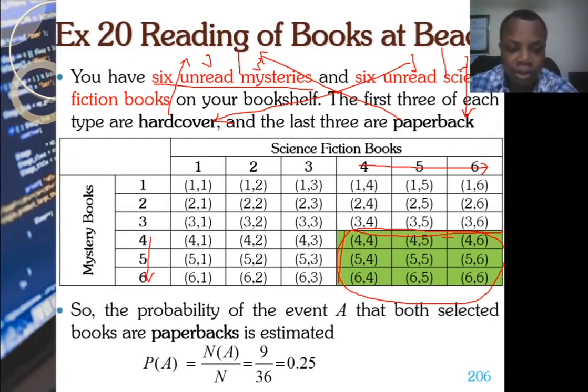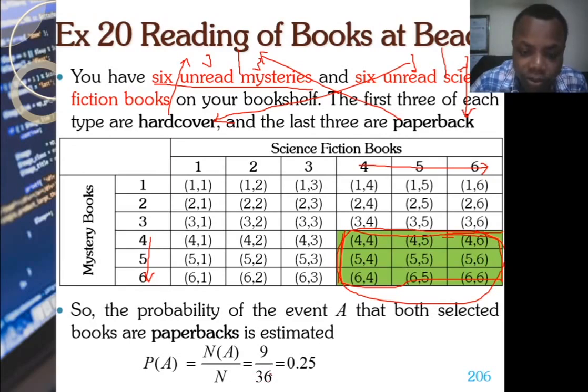So suppose that event A is that the selected books are paperback. Then all we are going to do is count the outcomes that we are interested in. Remember that these outcomes are exactly 9, and remember it's a compound event, so 9 divided by the total number of outcomes, which is 36, and this gives us exactly 0.125.